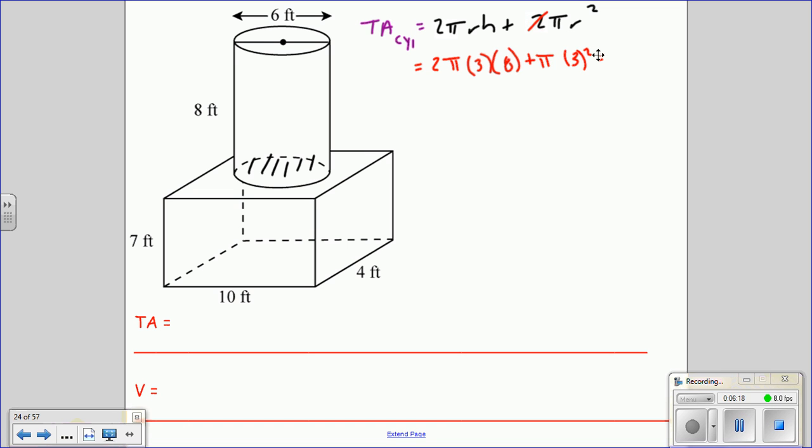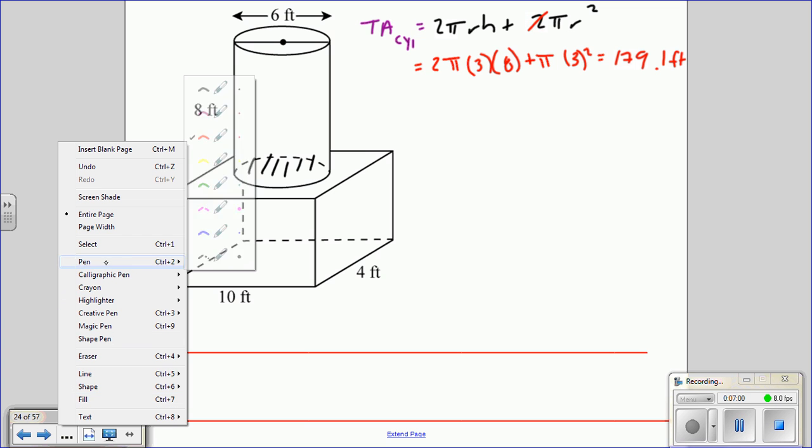So let's put that in our calculator all together. 2 pi times 3 times 8 plus pi times 3 squared. And we would get approximately 179.1 feet.